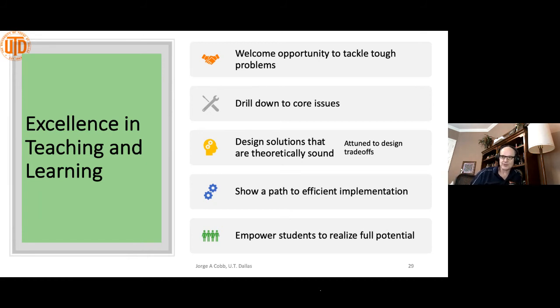There's always a trade-off. A solution might work better and faster one way, but it will use more memory, you name it. And to find a path to some efficient implementation of your solution. So our objective, of course, is to empower students to realize your full potential in engineering. Next slide, please.